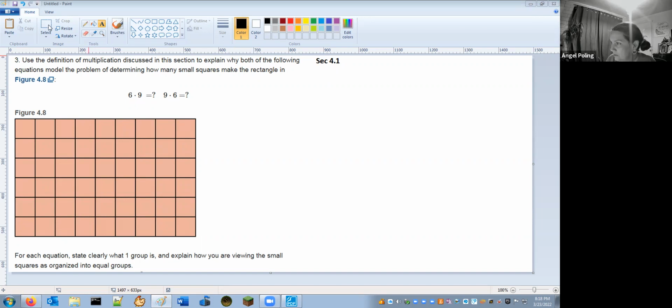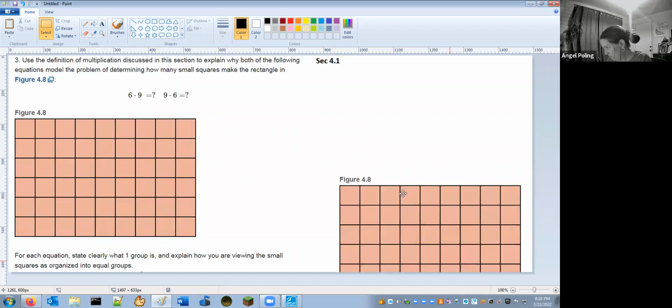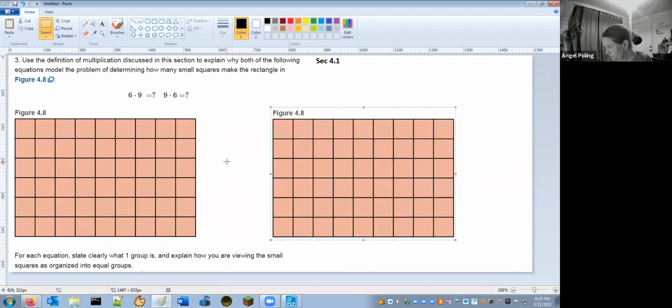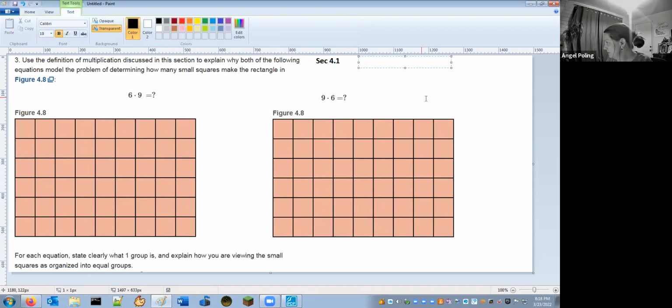let's take our figure. Two equations. And let's focus on the definition of multiplication.